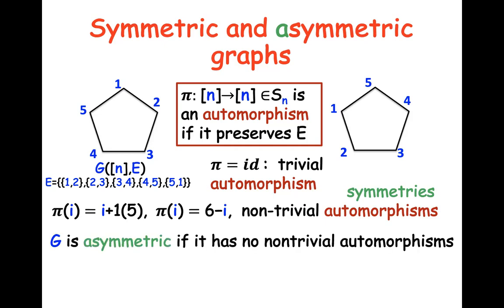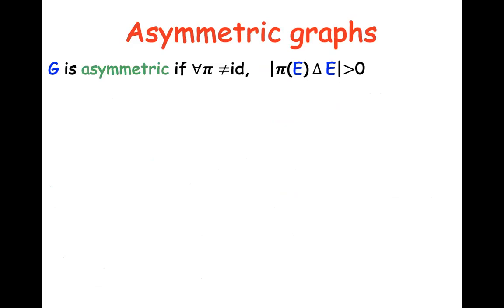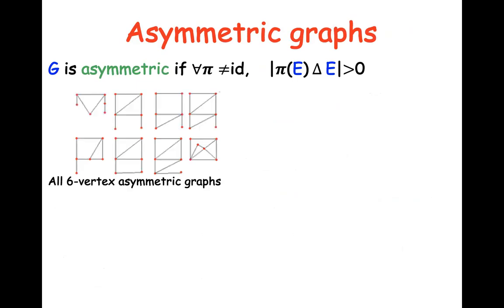An asymmetric graph is one which does not have any non-trivial symmetry, no non-trivial automorphism. In other words, if your permutation pi moves at least one vertex, then it must move at least one edge. Again, here's the definition: if your permutation moves one vertex, it must move an edge.